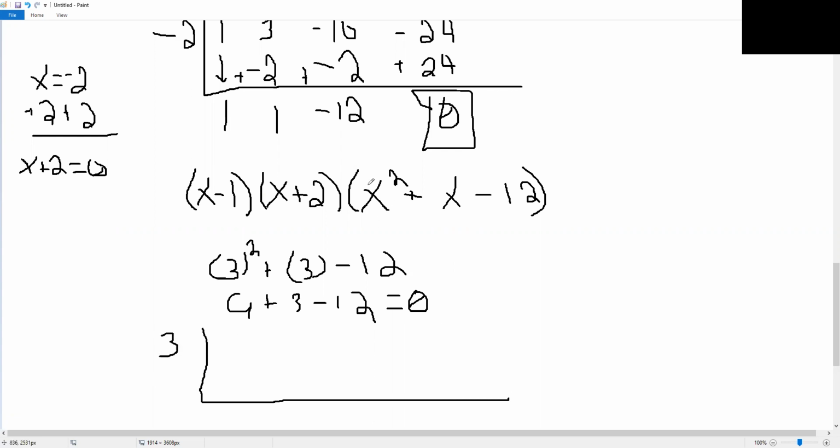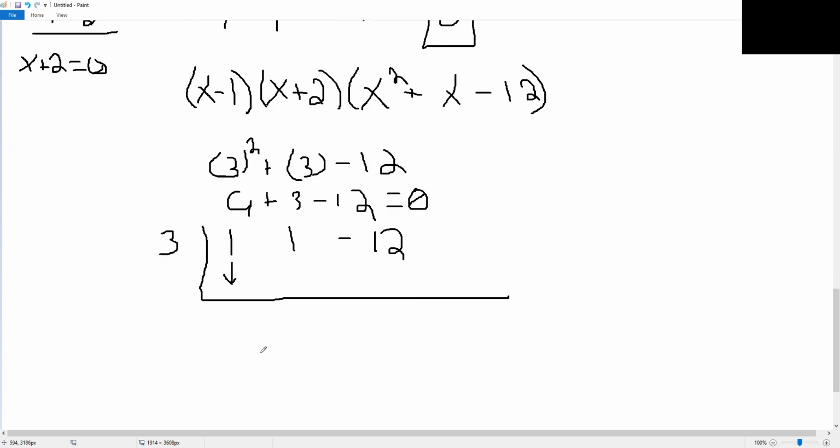Our first one would be a 1. Our next one would be a 1. And the next one would be -12. Bring down our first one, which is 1. 3 times 1 is 3. Add them, we get 4. 3 times 4 is 12.